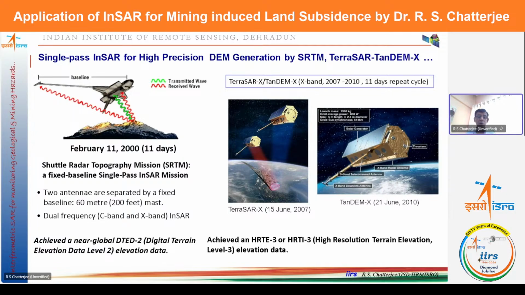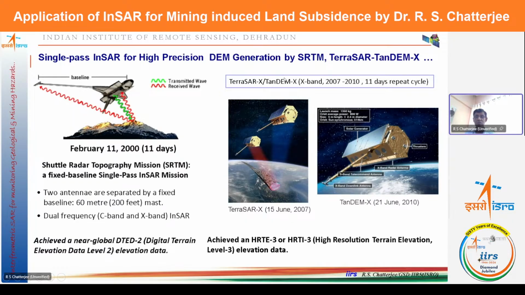It is the same for all the image pairs. But in case of SRTM, there are dual frequency, C band and X band. But X band does not cover the entire area, only 1/4 of the total area.